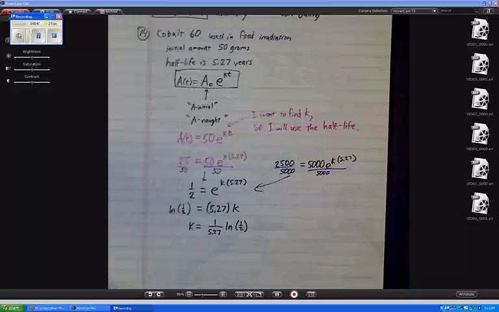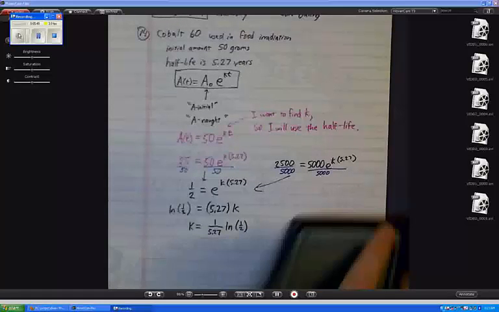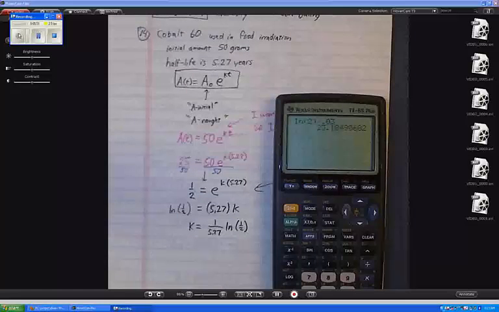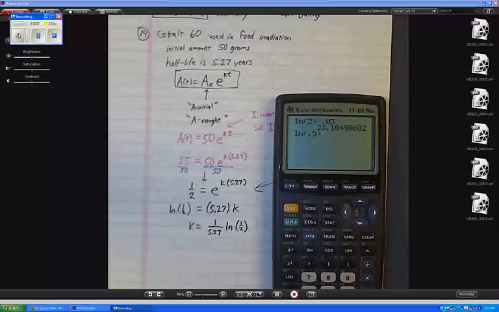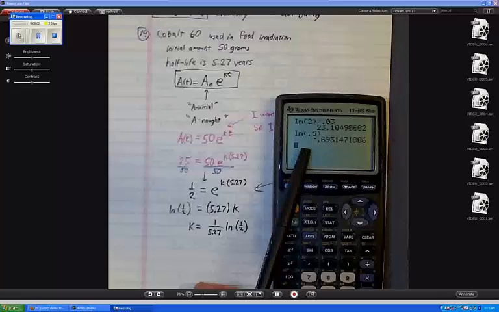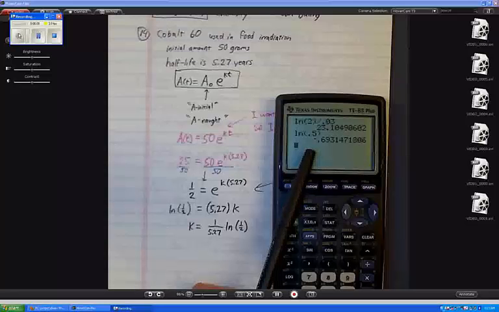And so I should work out a better value for k. I'll do, let's see, the natural log of 0.5, that's the natural log of 1/2, negative 0.69. By the way, do you see that negative sign? Why should I know that that's going to be negative? Less than 1, right?